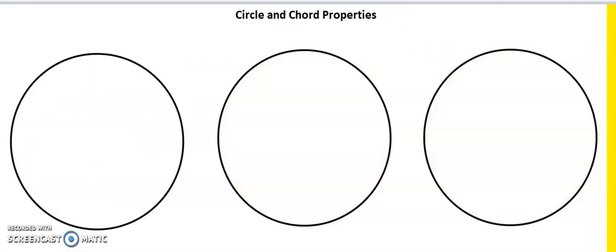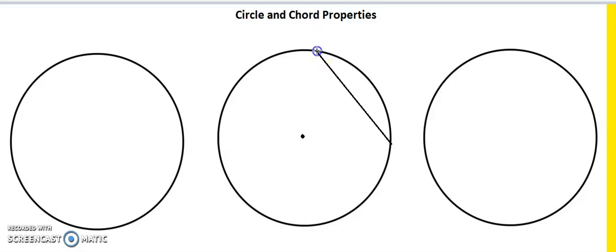Okay, now we are going to look at some of the properties of our circle. So the first thing I'm going to think about is we have our center. Now, from the center, if we want to get a chord, it's going across from one side to the other. But we are able to see it as an isosceles triangle.